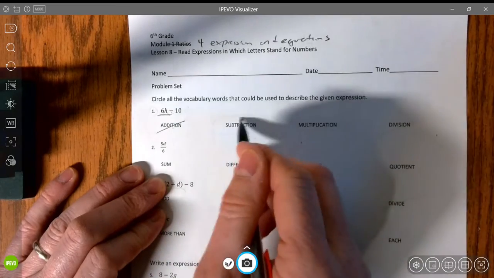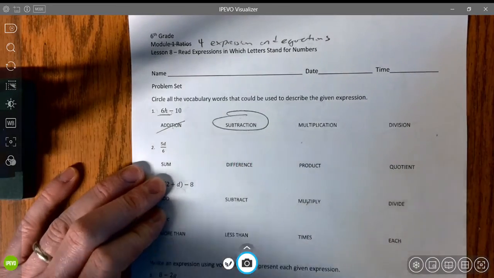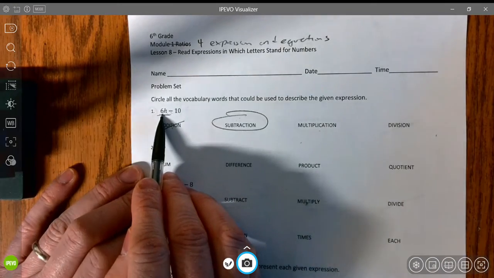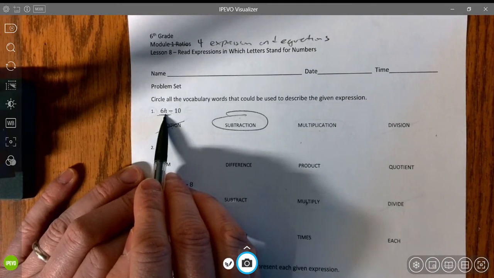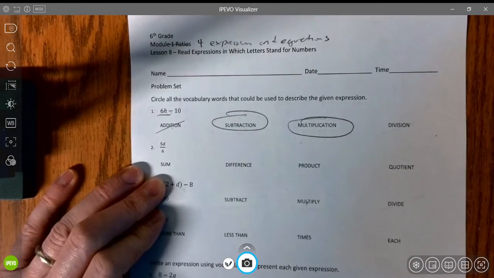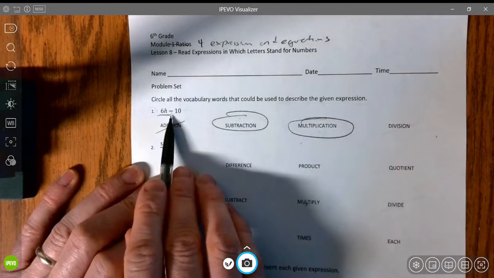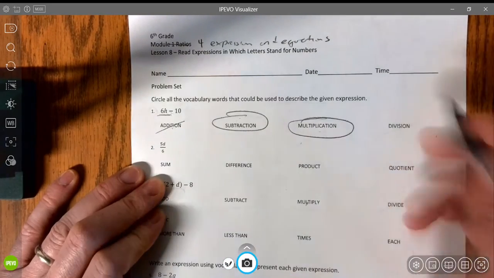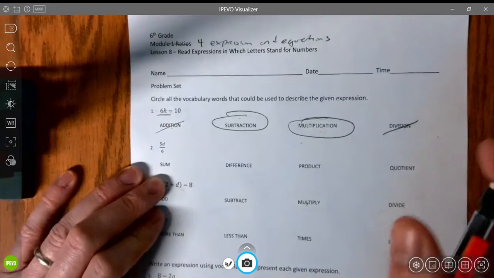Yep, I have subtraction. Do we have multiplication? Well, remember, if you have a number next to a variable, that implies multiplication. So yes, we have multiplication. Do I have division? Do I see a division sign or a fraction? No. So there's no division.